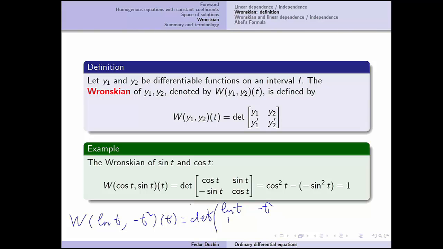Then the derivative is 1 over t, and the derivative of minus t square is minus 2t. And then we can compute the determinant: it's going to be minus 2t ln t, plus t squared times 1 over t, which is t. So that's minus 2t ln t plus t. That's the Wronskian.